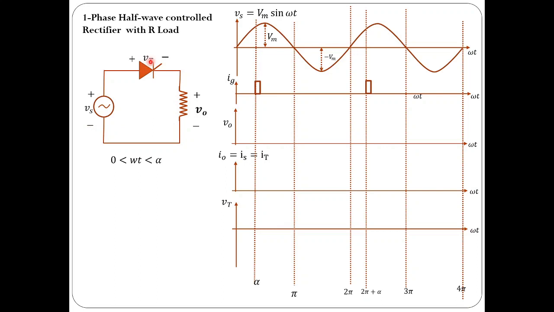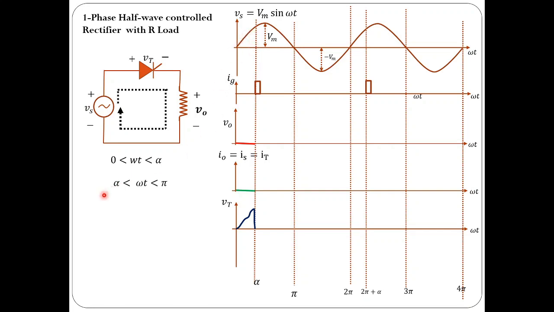So Vs is the same as Vt in this case. I0 is equal to 0, and coming to V0, as I0 is 0, V0 is also going to be 0 for the resistor. Let me assume that the resistance value is R, so V0 is equal to I0 times R, which is also 0. That is mentioned here. You can see that V0 is 0 and I0 is 0, and Vt is the same as Vs during this period.